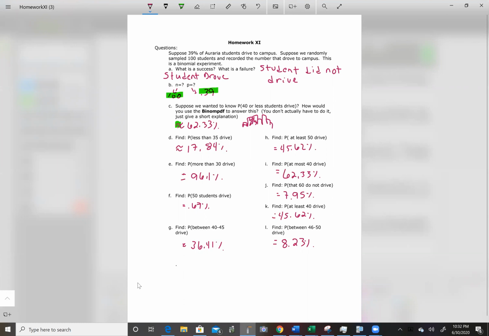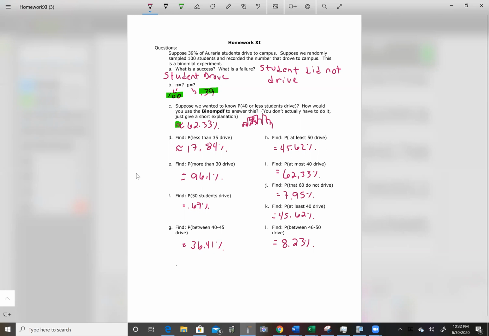It's a little bit trickier if we're looking for more than 30 drive. So what we need to do is find the area up until 30, and then subtract that from 100% to get the correct answer using your calculator.